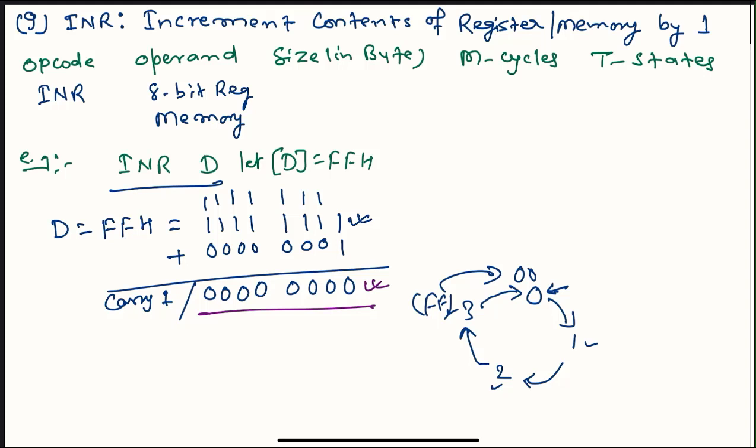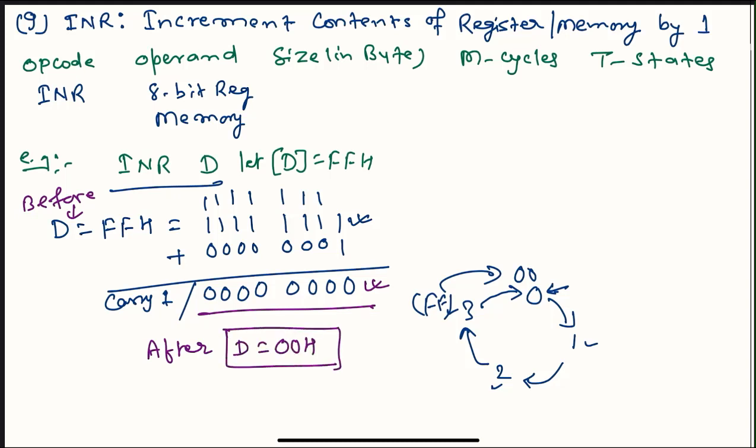This D register has a size of 8 bits and cannot accommodate 9 bits. So that is the reason that after execution of this instruction, the value of D before was FF, and after execution, the value of D will become 00H.